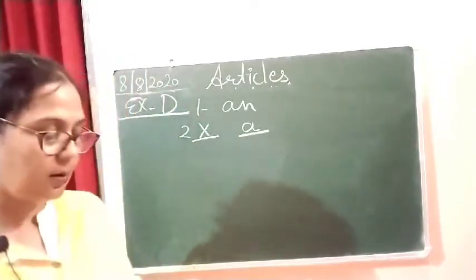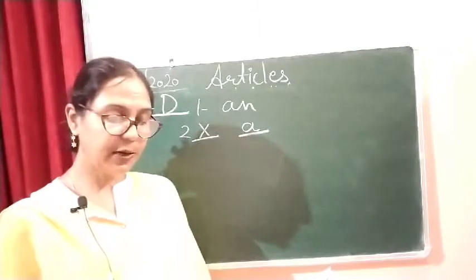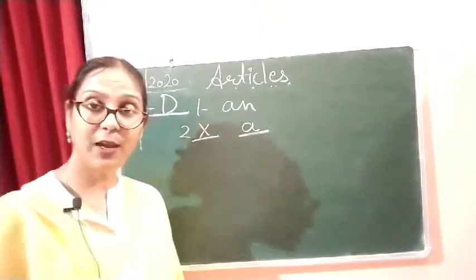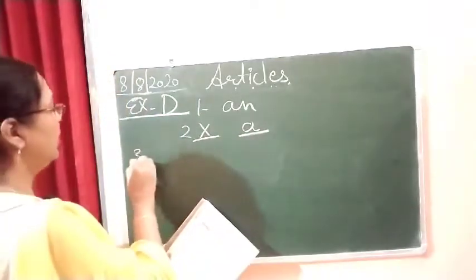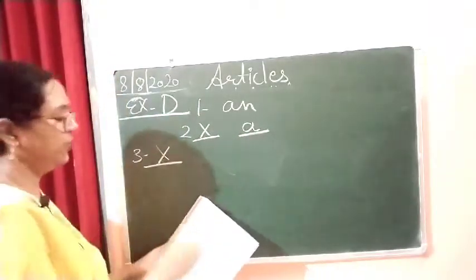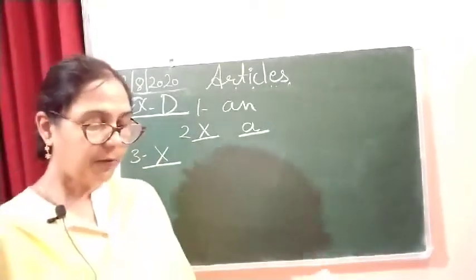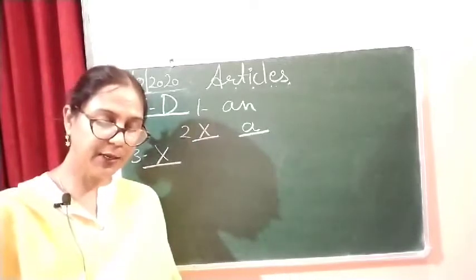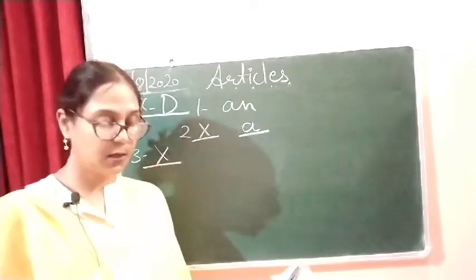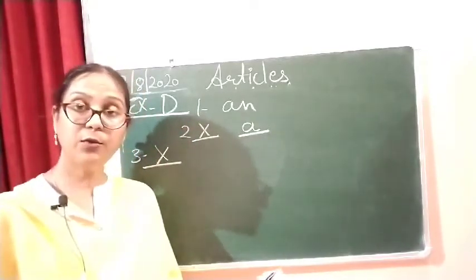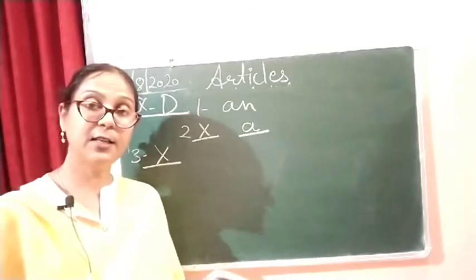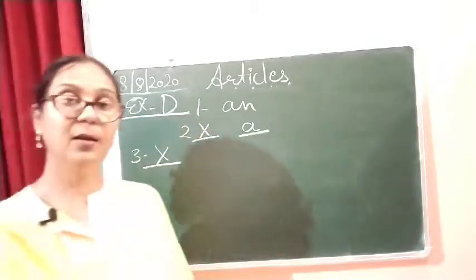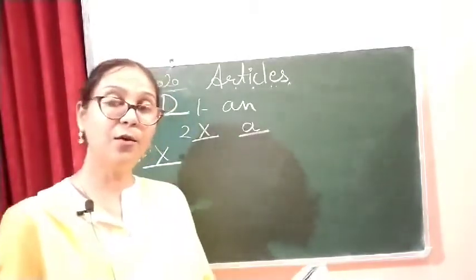In third, dash English is my favorite subject. So here again language, so that is why we are not going to use any article over here. In fourth, dash brother came on his bicycle to meet me at the park. It is not necessary to use any article, because it is given over here brother, a relation, the name of a relation.